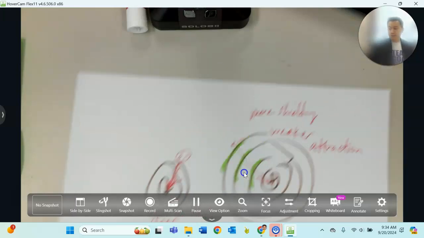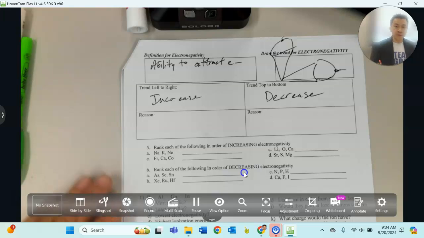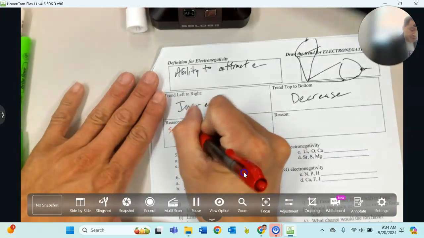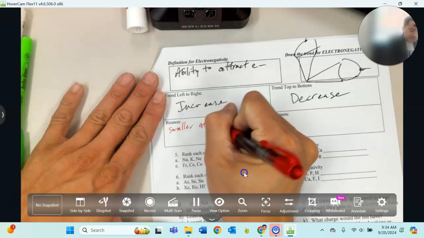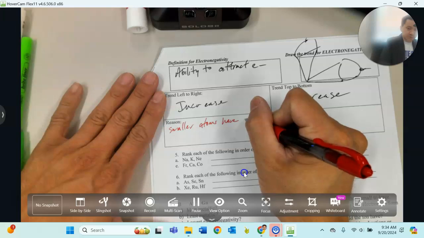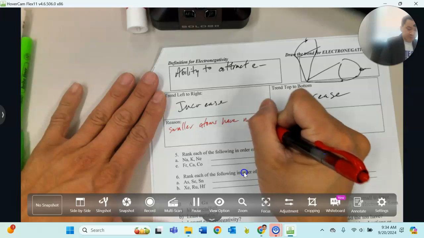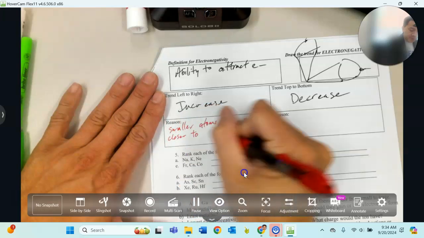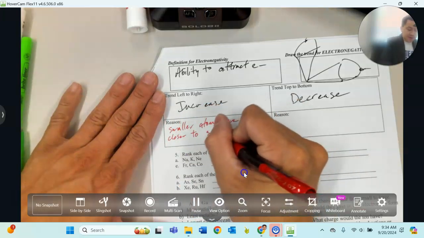So, back to our definitions and our notes and the reasons. The reason for increase left to right is smaller atoms. Smaller atoms have the nucleus closer to surrounding electrons. Let's just say that.